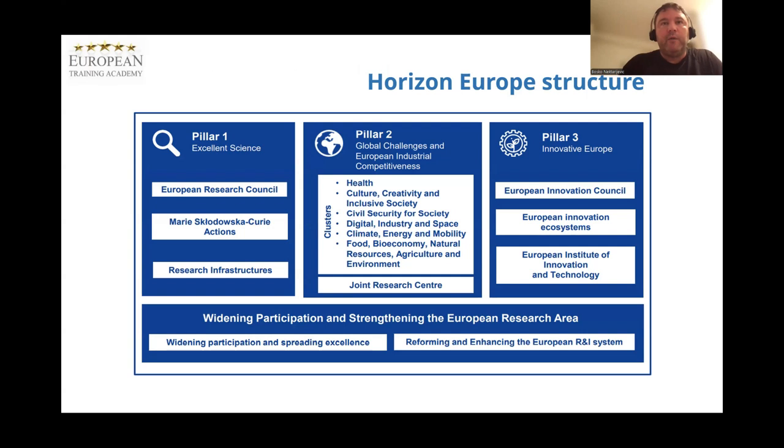I'm going to narrow down the explanation of what's required, and here you can see an overview of how Horizon Europe is structured, how it works, and you have 3 pillars. The first one is devoted to excellent science and aimed to advance the quality of the research work of participating countries in Horizon Europe.